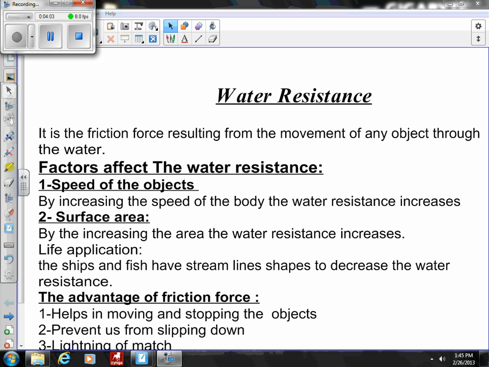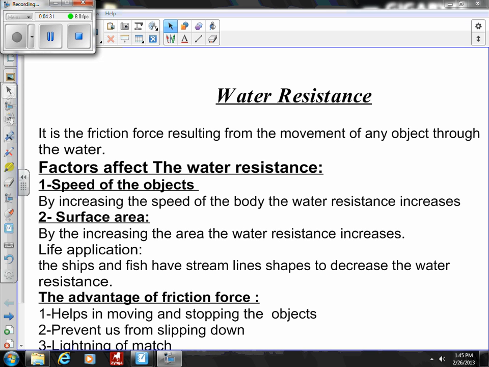Increase. Like we discussed in air resistance, what was the life application of air resistance? Yes? Yeah, God gave all birds and all flying objects a streamline shape.